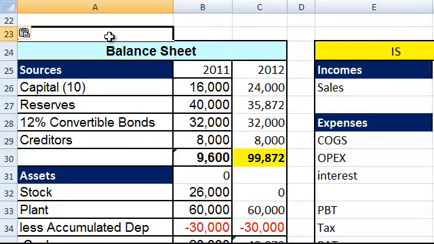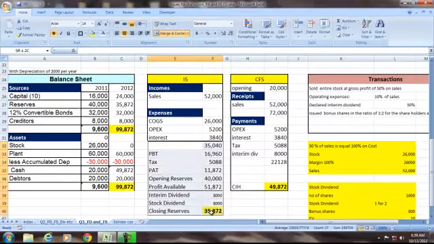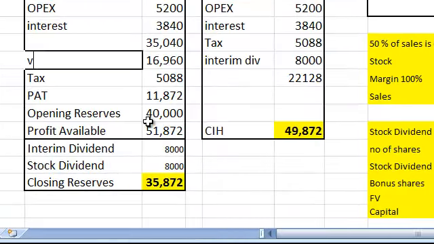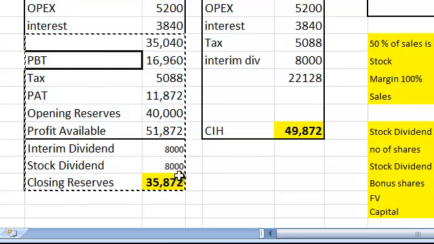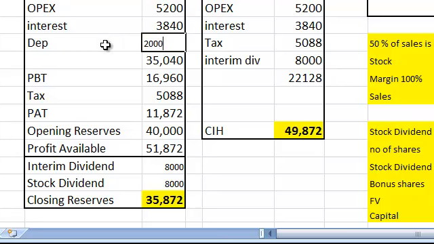Now with depreciation of 2,000 per year. So the depreciation is an expense. We show depreciation as an expense. The depreciation, which we had not taken in the previous exercise, we will now take. So depreciation is equal to 2,000, given.